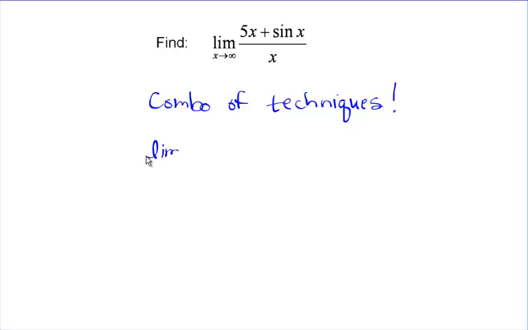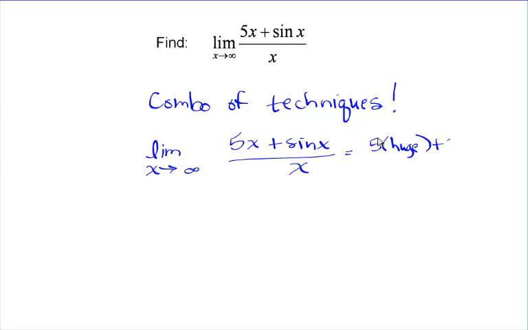Here is the limit as x approaches infinity, an infinite limit, of 5x plus the sine of x over x. What's the first thing we always do? Substitution theorem. 5 times huge plus the sine of huge, all divided by huge.